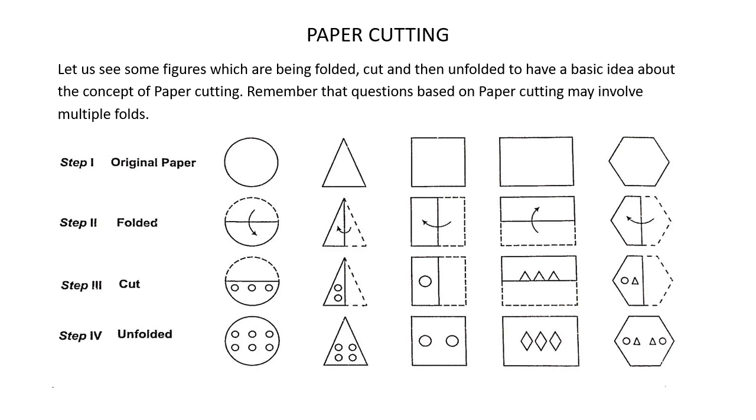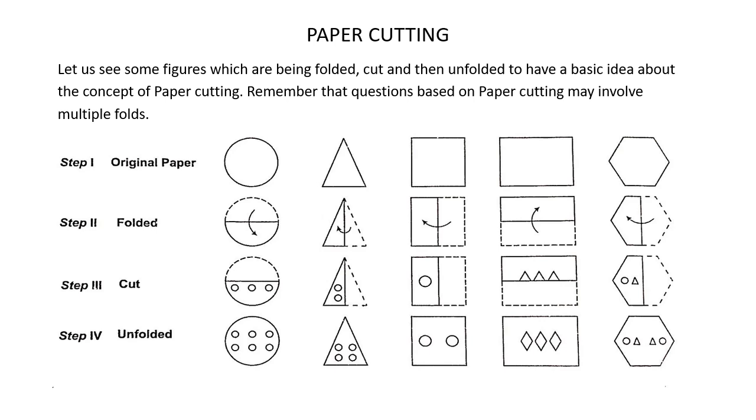Now, one way to visualize the patterns that appear on the paper after unfolding would be to know that the design would be the mirror image of the cuts made. So as you can see here, this is the mirror image of the 3 cuts.